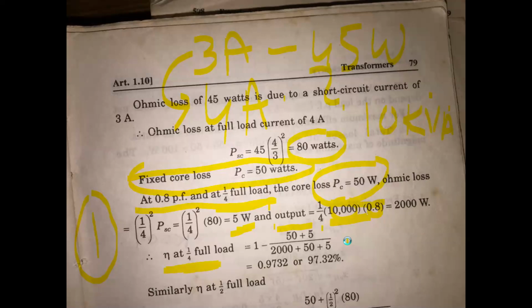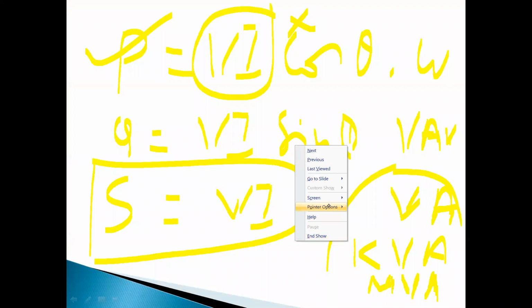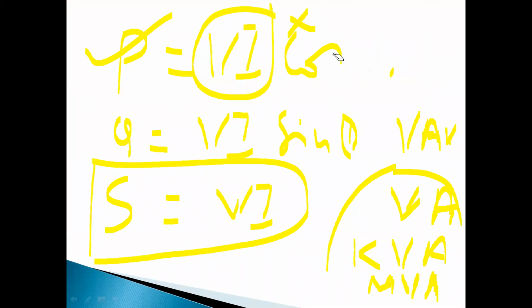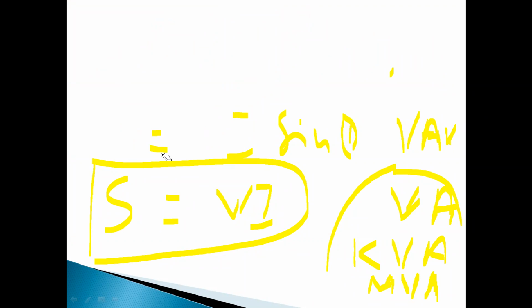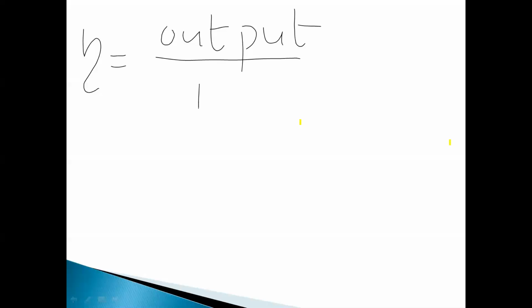There are different formulas for efficiency, and I will explain them here. For example, efficiency equals output by input. These are active powers: active power output by active power input.